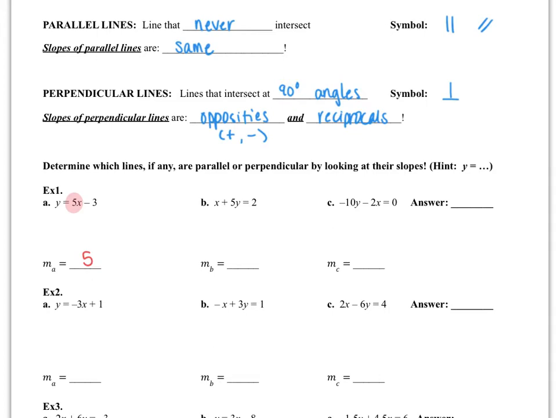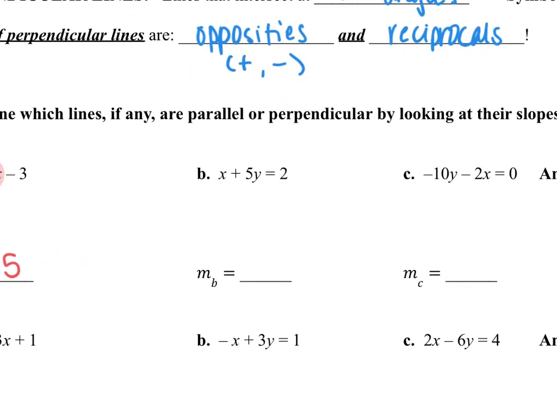For line B, in order to find the slope of that line, the first thing I'm going to have to do is get y by itself. So first I'm going to subtract x from both sides. That gets me 5y equals 2 minus x. And then I'm going to divide both sides by 5, which gets me y equals 2/5, because that's my first term.